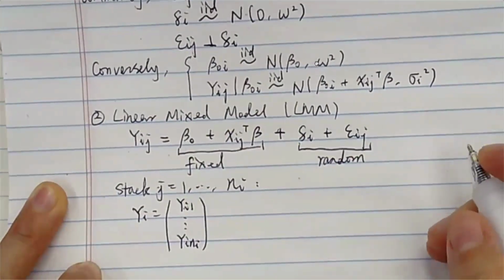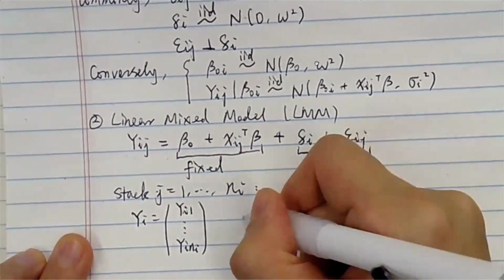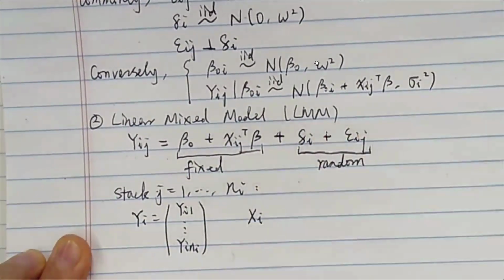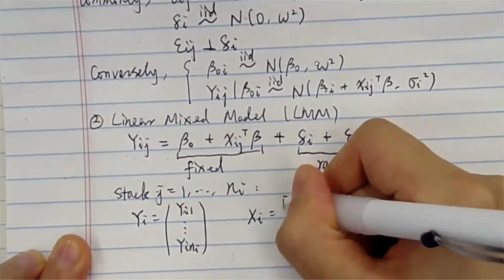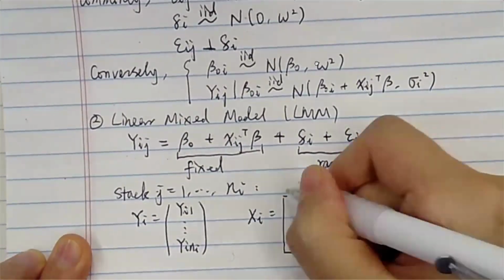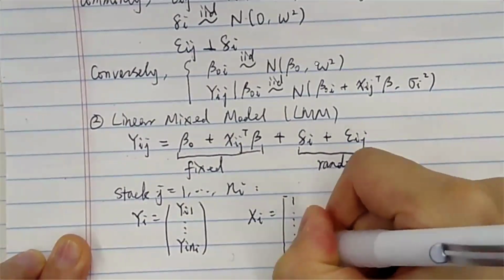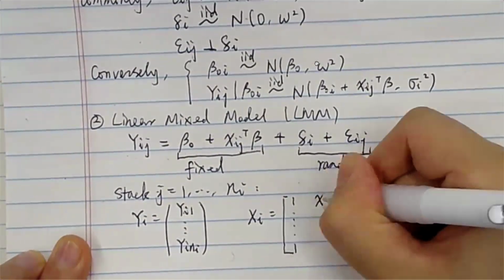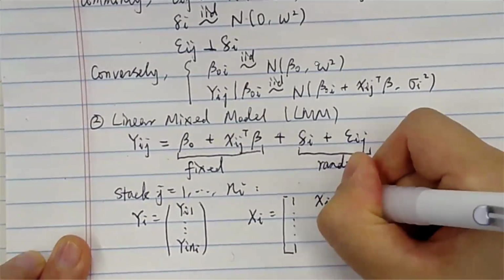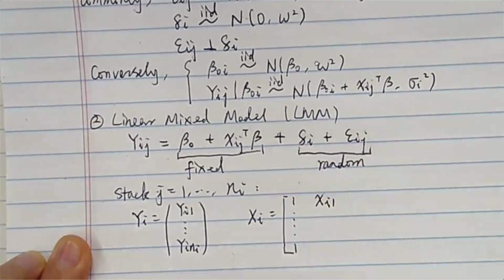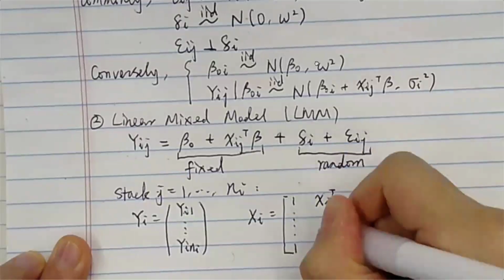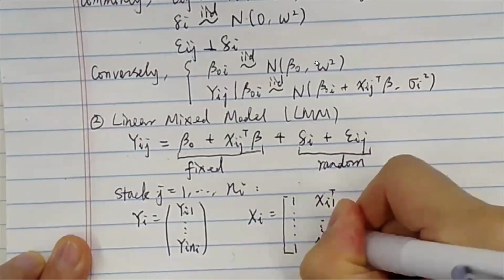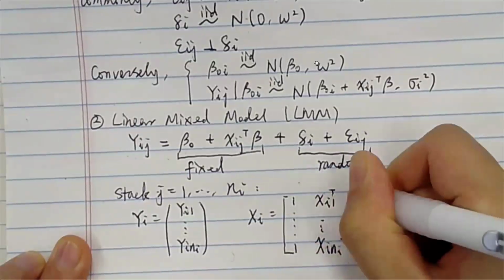And I can have Xi as the so-called design matrix. First row, first column as ones. Then I can put Xi1 transpose to XiNi transpose.